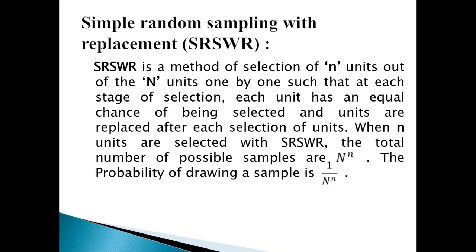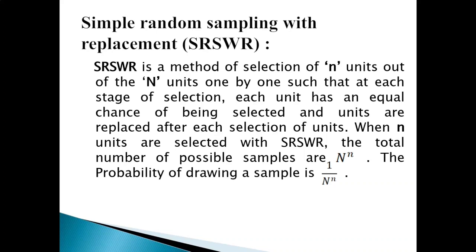Okay, and what is the probability? The probability has also been mentioned here. It will be 1 by capital N to the power small n. That is the probability of each sample drawn through simple random sampling with replacement. And the number of possible samples we can get is N to the power n.